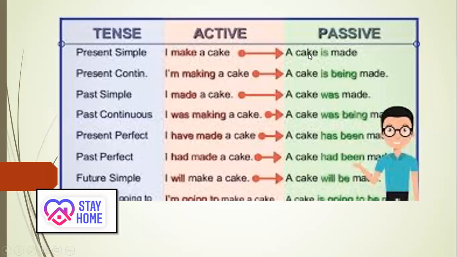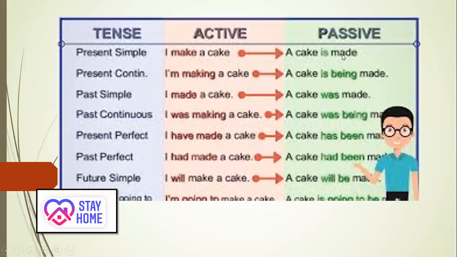The only thing, as you can see in the passive voice, is that the object of the sentence from the active voice becomes the subject in the passive voice. The verb be is mandatory, and in the perfect, it changes from has to have, and in future to will.